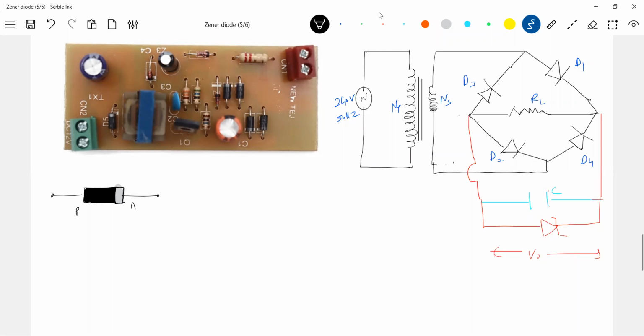Now this is for the Zener diode. Where is the Zener diode? The Zener diode is like this. This is the Zener diode, or this one. For the Zener diode, it will be like this. I think this will be orange color.